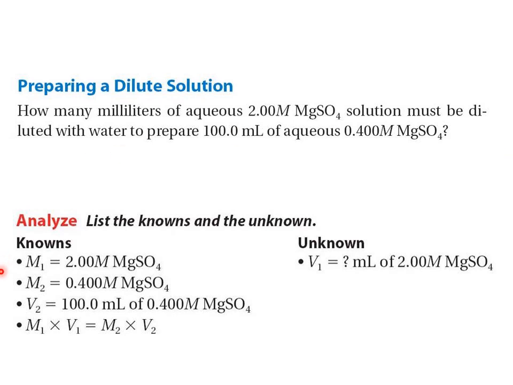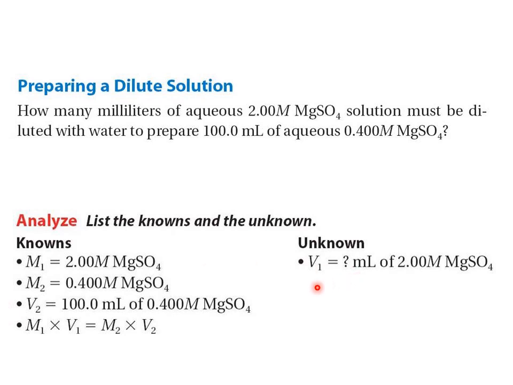So, knowns are the molarity of the concentrated solution, which is 2 molar MgSO4, the diluted concentration, which is 0.4 molar magnesium sulfate, and the volume of the diluted solution, 100 ml of 0.4 molar magnesium sulfate.